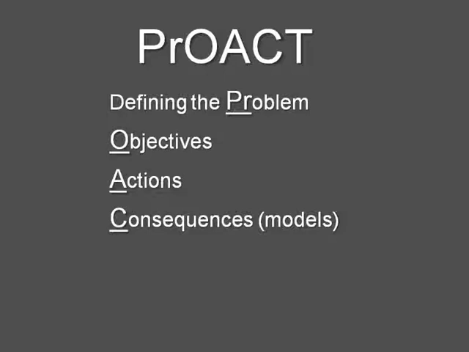So we build models to make predictions about the consequences of taking different actions. And again, those models could be pretty simple, they could be pretty complex. We're going to talk more in a couple of different modules through this course about how to make predictions about the consequences of different alternatives.